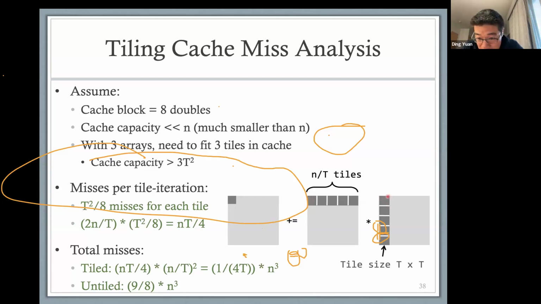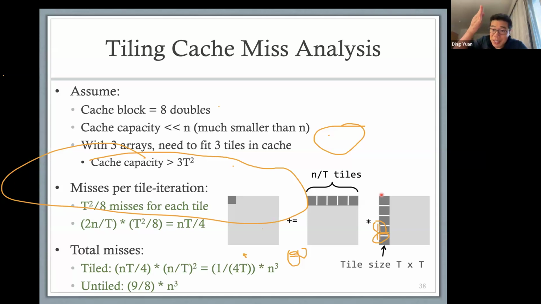The initial access. And even with this tile for the B, even if we visit in a column-oriented manner, in total there are t square elements, right? Only the first one is going to be missed, and every one eighth. The later ones are brought into the cache, even though we visit them in a column-oriented order.